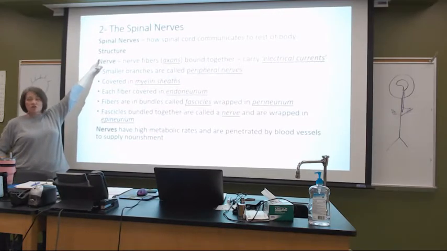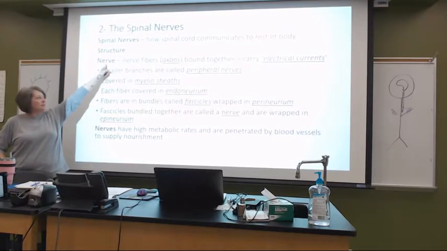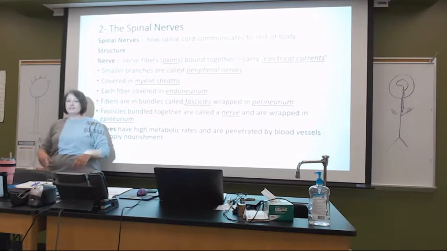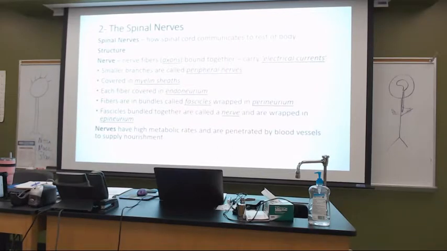The structure of the spinal nerves, when we talk about this, we're referring to the fact that it is axons. So what exits that vertebral column is considered this portion.